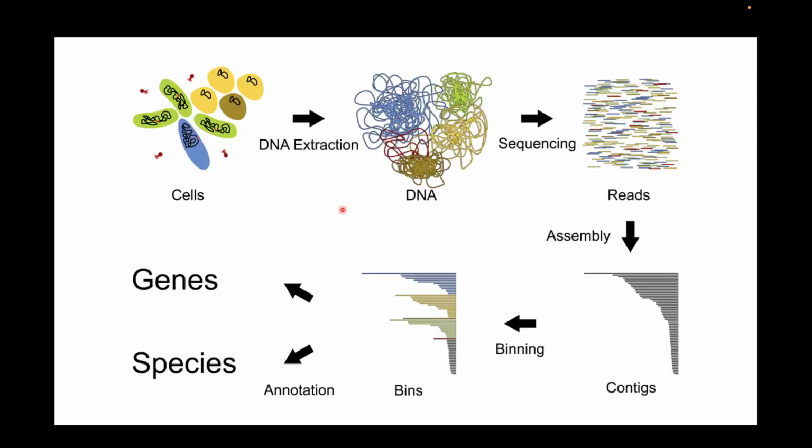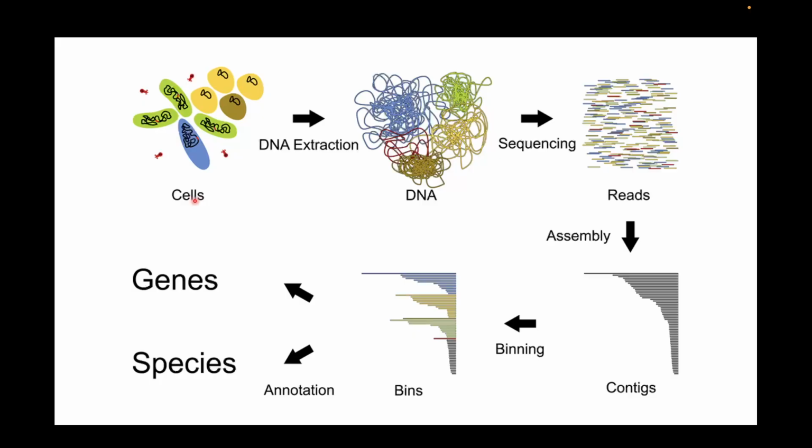Okay, so what happens in the metagenomic analysis? Let us go step by step. So here is a sample full of cells, might be a soil sample or a contaminated water sample, which has to undergo metagenomic analysis. The first step is DNA extraction.